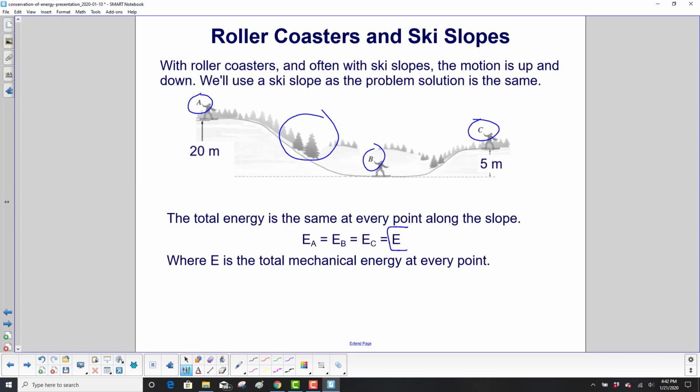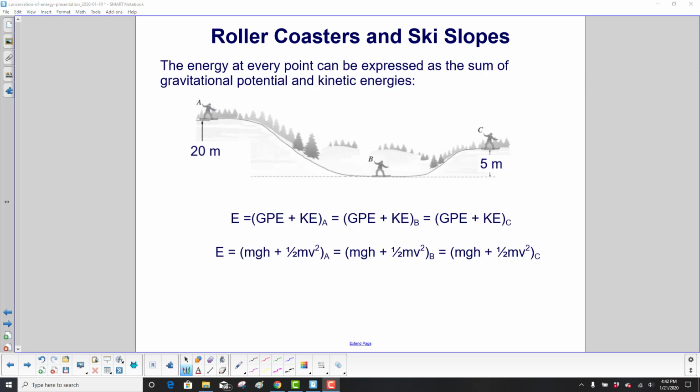E represents the total mechanical energy, and it shows that the total mechanical energy at points A, B, and C is the same. The total mechanical energy at every point can be represented as the sum of gravitational potential and kinetic energies. So here we go.